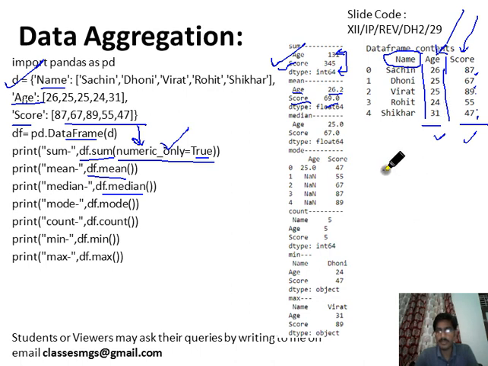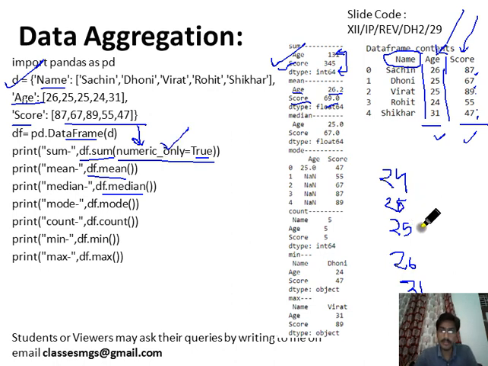So after sorting, which will be the middle element in age? 24, 25, 25, then we have 26, then 31. You should know how to find the median. If you don't know, then just look on the internet.